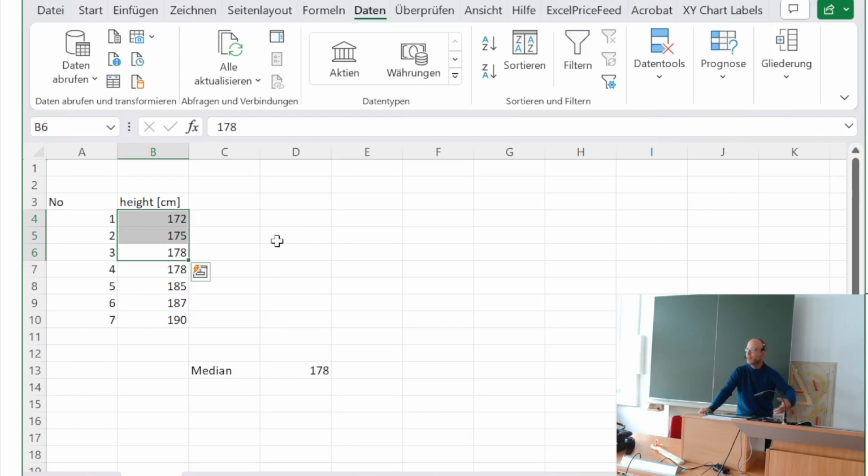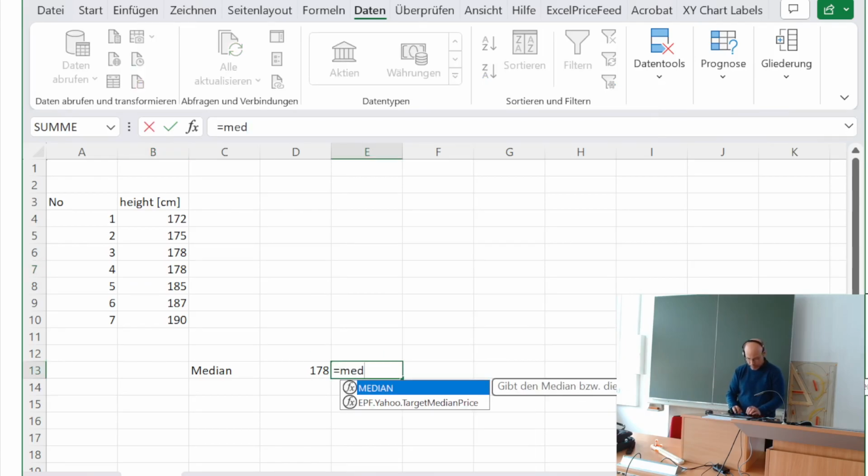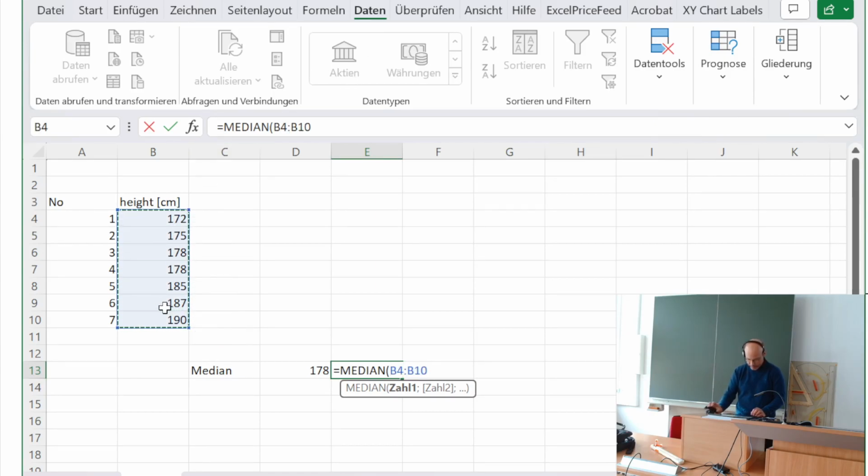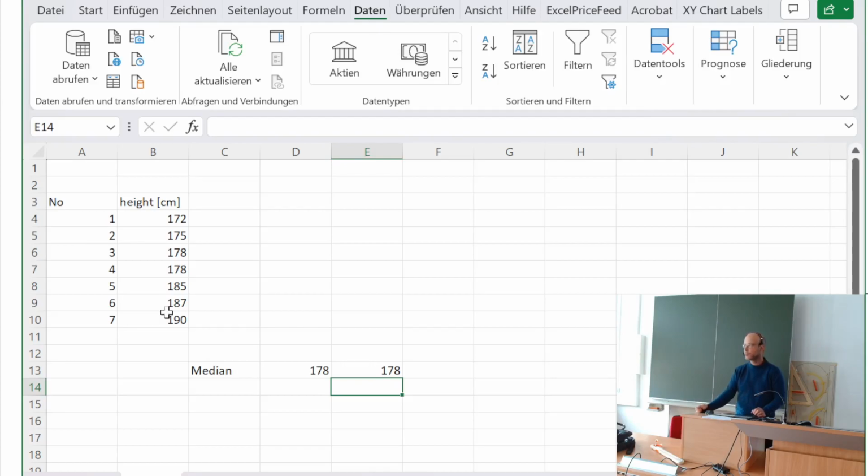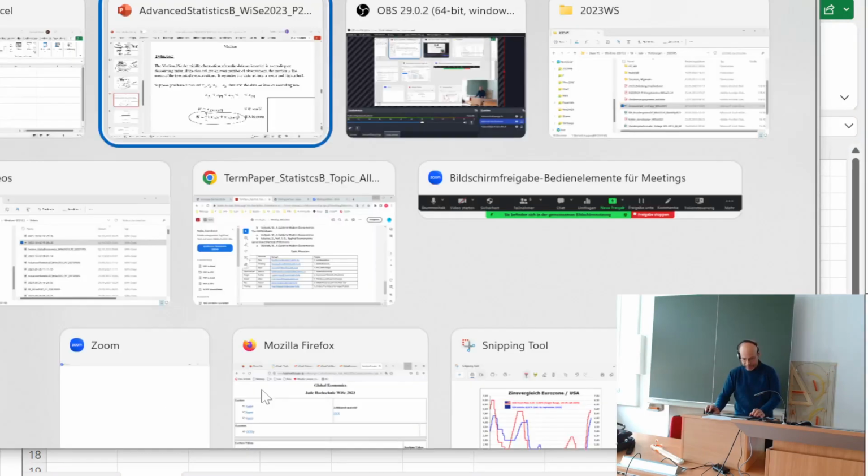It could also be that every data point is 178, and then the median would also be 178. And we have 3 numbers higher, so the fourth number is just in the middle. And we can also do it with the median function for this distribution. Fortunately, we have the same point. Okay, done.